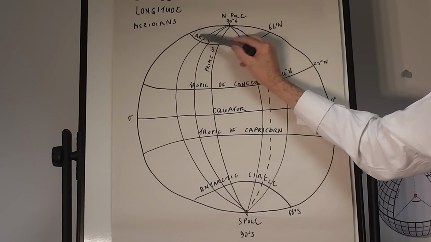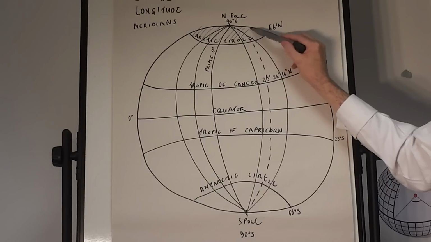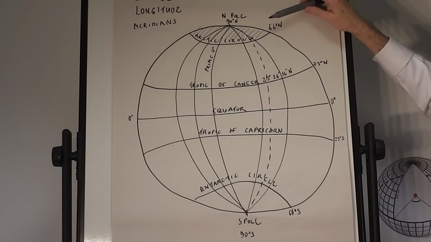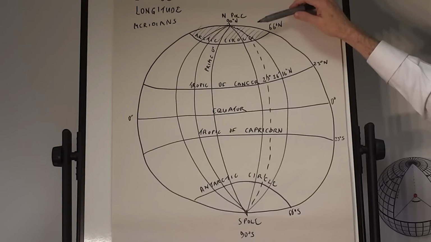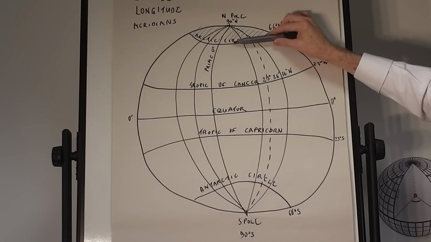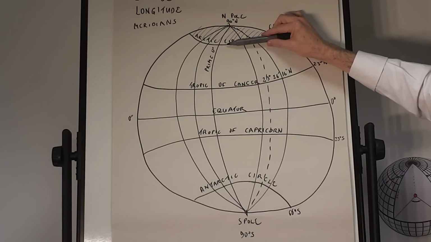Because in the winter, all of this part of the globe is pointing away from the sun in January, and so on at least one day of the year at the Arctic Circle, there is no daylight at all. The sun does not get above the horizon.